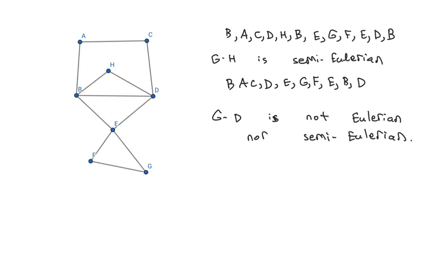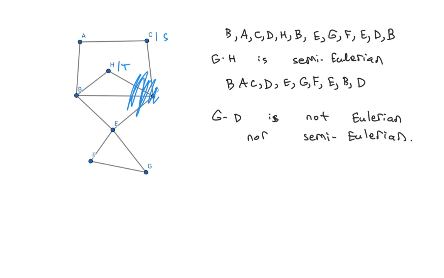Now let's look at one more example, and let's remove the vertex D and pretend it doesn't exist, or its edges. Now for this graph, I claim it's not actually possible to find an Euler path. And part of the reason why is because we see vertex C and vertex H both have degree 1. And so, there's only one way to enter those vertices, so these would have to be our starting and ending points.